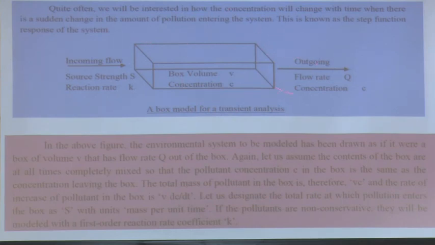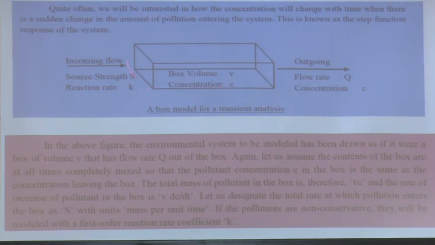So, how do I solve it? Now, this is known as the step function response of the system, from a material balancing point of view, it is called a step function. Normally it is modeled through what is called transient analysis through a box model.